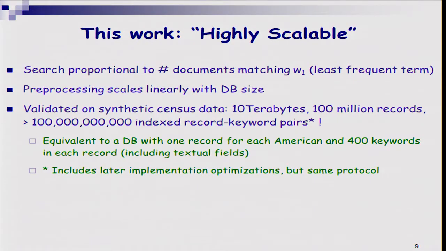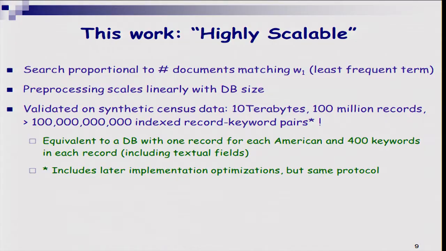So it's a real-world example. By the way, these numbers are not the numbers that appear in the paper. These numbers are for an improvement that we did later, but the protocol was not changed. So this is just a better implementation. What is reported in the paper is about 30 times smaller than this, which is already big.